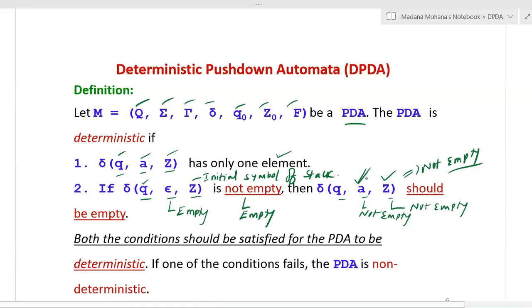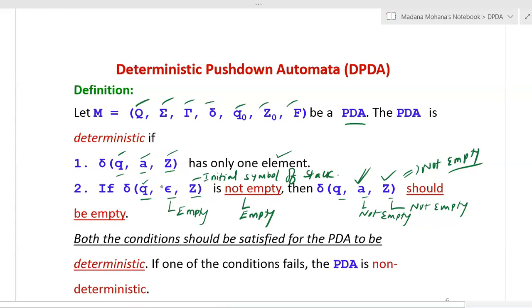If the input is empty, there may be a chance of getting empty. But this is not empty always. So now reversed, this condition is always false. Not empty here means this condition is also always false. Then this condition is always true.